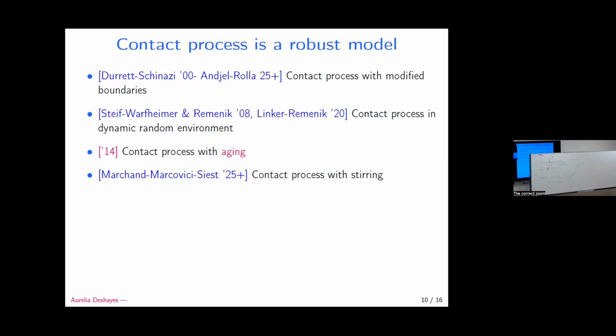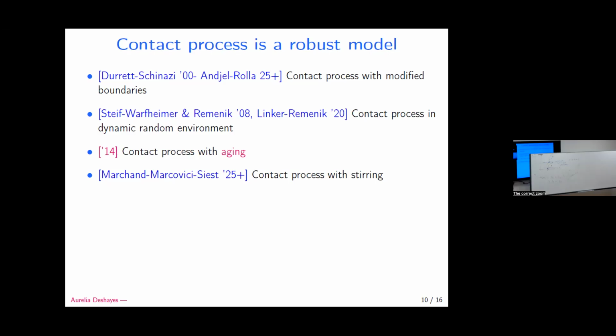Modified boundaries means that when you are the rightmost, you have a different rate than when you are not the rightmost. And this small change makes a lot of problems appear.